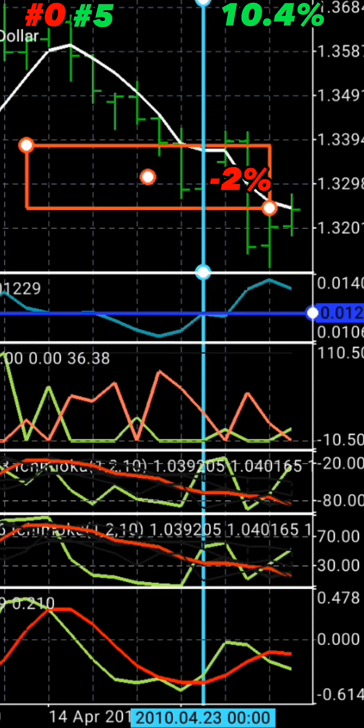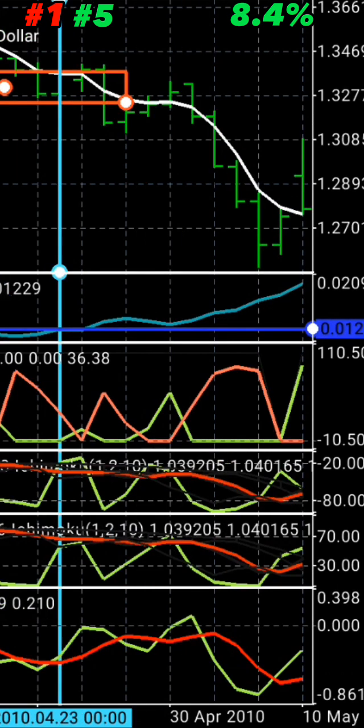So we'll just bear it and absorb the 2% loss, and our account will drop by that factor, and we'll have 8.4% left as account details.